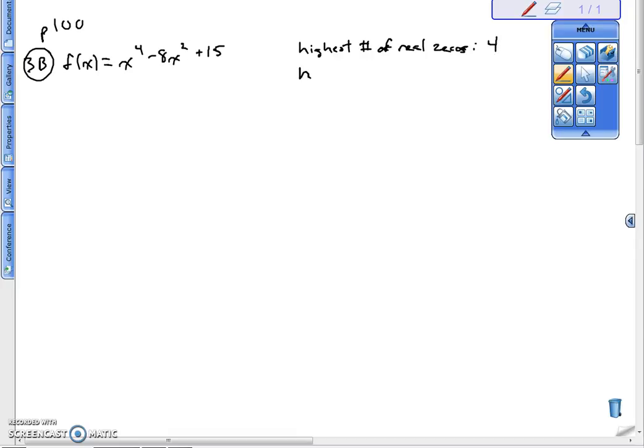And then our highest number of turning points in the graph, which we're not really going to worry about just yet, but it is part of the wealth of knowledge that we already have, is 1 less than that, or 3.